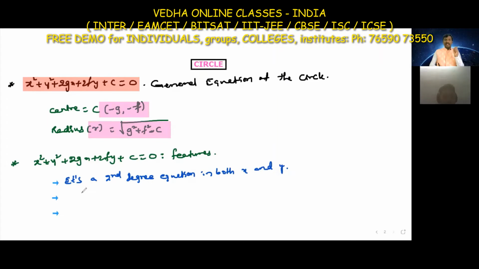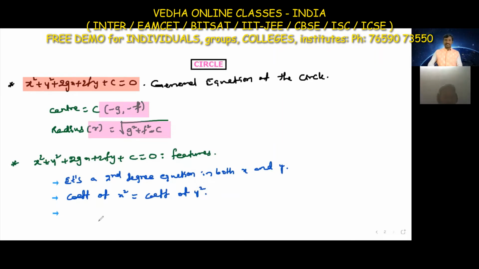Okay, and the next one is, coefficient of x square is equal to coefficient of y square. In the circle equation, x square and y square coefficients are always equal.